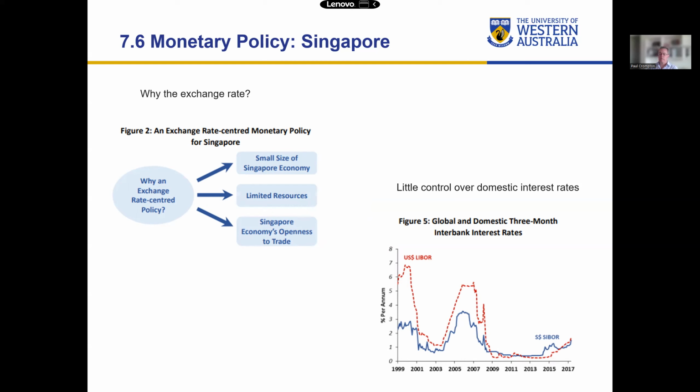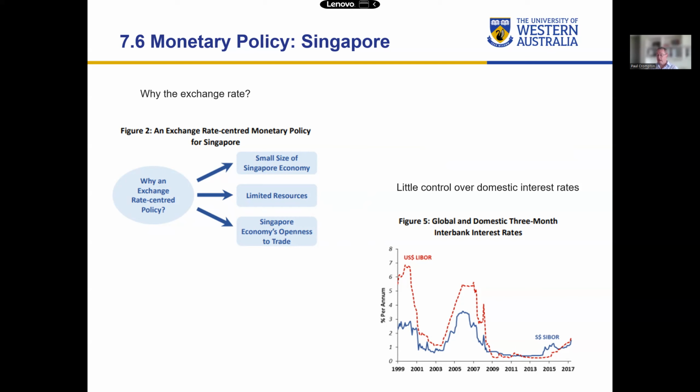What is a big problem is the fact that it imports a lot, and every time the exchange rate changes, that's going to change import prices directly. The fact that Singapore does export a lot is important, but not as important as the fact that it imports a lot.